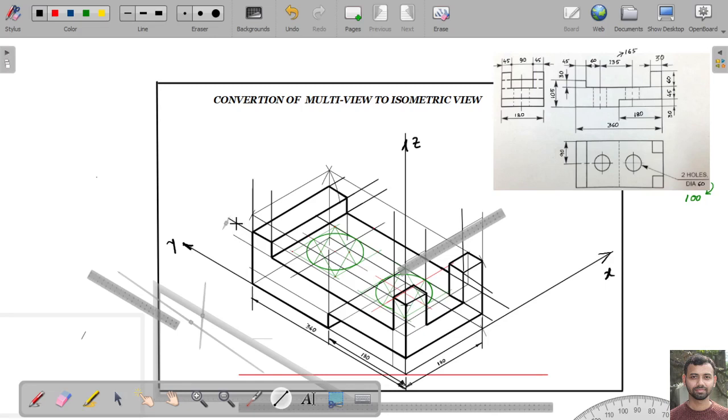So from here to here, the dimension line.